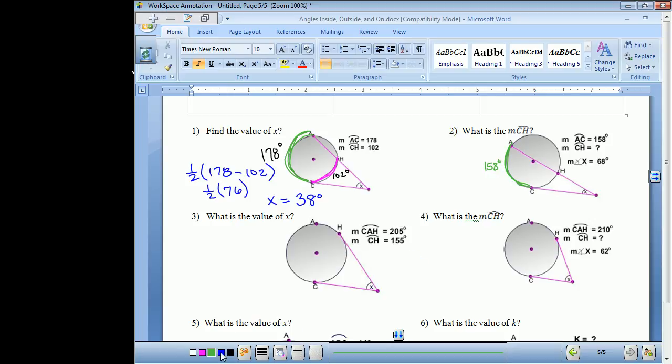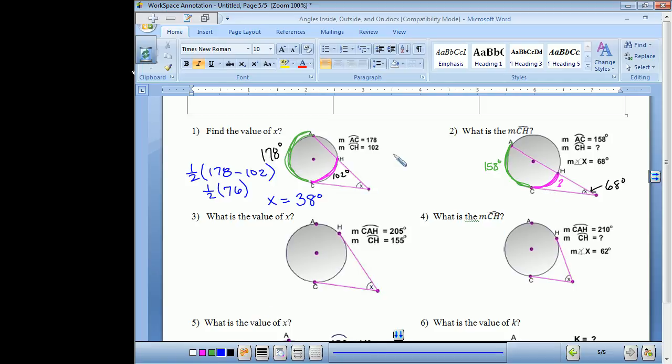What they want us to figure out is this one. This is what we don't know. But they tell us that this angle right here is 68 degrees. So we know the angle, we're missing the arc.